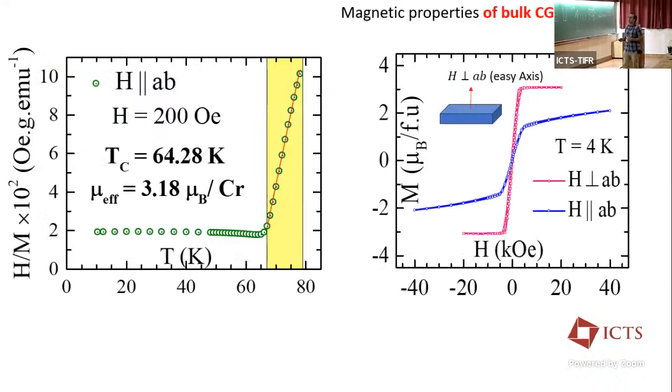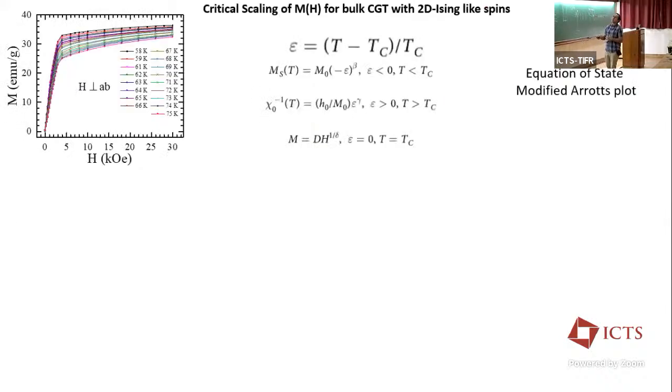Now, what you can do is start doing the critical scaling analysis and try to determine around this temperature. You measure the MH hysteresis loops above and below this temperature. And so you measure M versus H across temperatures which are across the critical transition temperature.